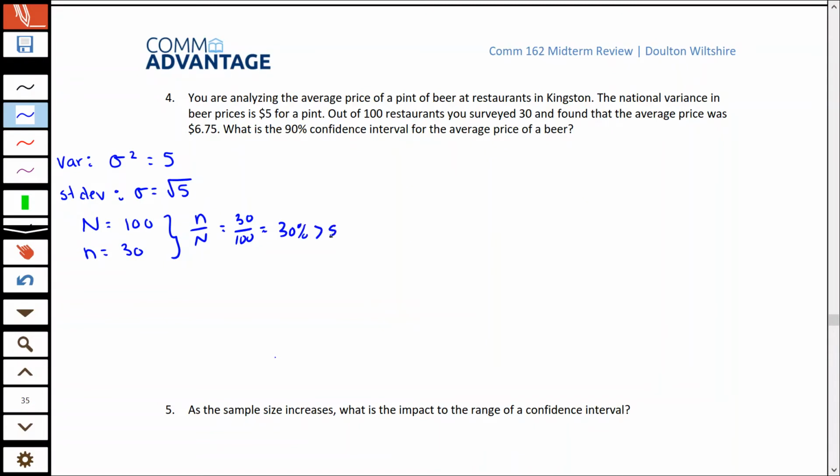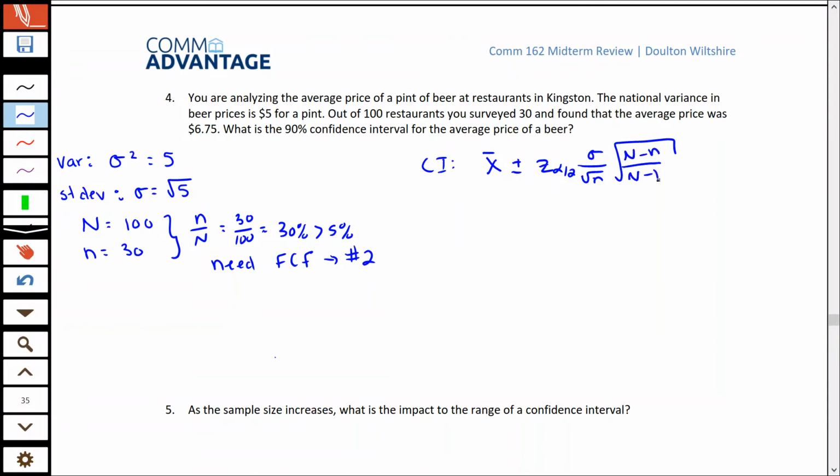This is bigger than 5%, and this tells us that we need the finite correction factor, meaning that we're in situation number 2. And situation number 2 is the fact that our confidence interval formula is x bar plus or minus the appropriate z value, sigma over root n, but then also that finite correction factor. Okay, we're going to multiply that on at the end.